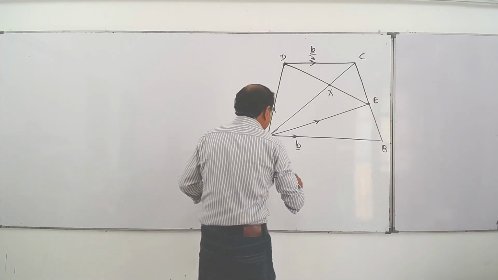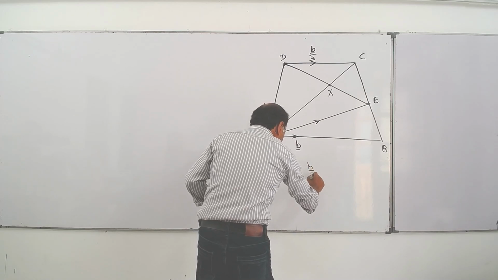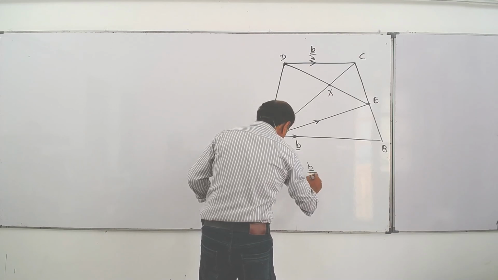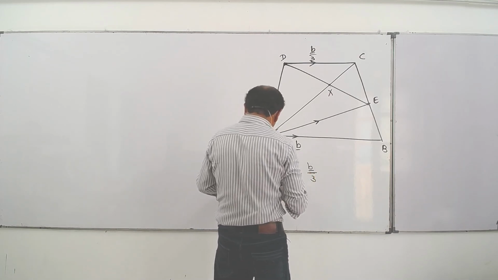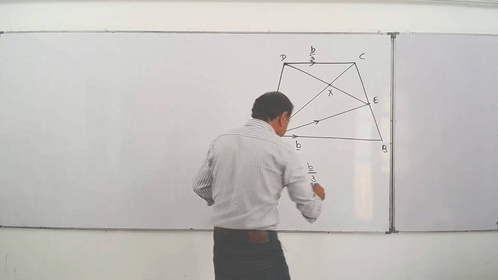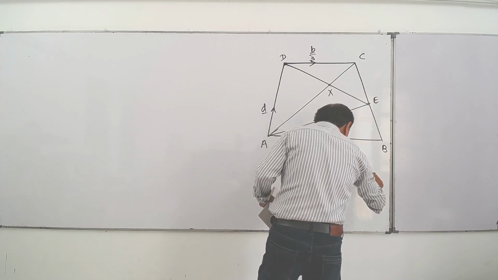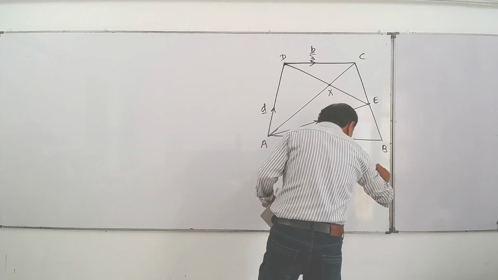We are given the DC vector b by 3 and BE vector 2/3 BC.